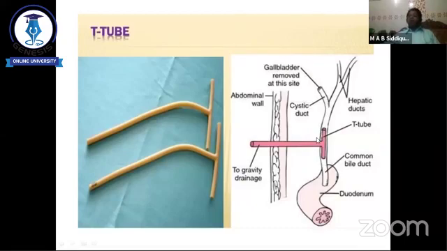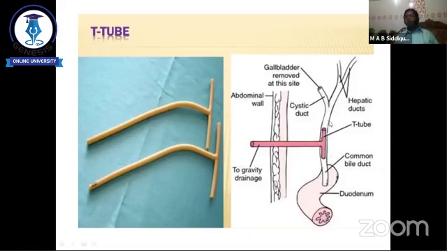Actually, it is better to use a choledochoscope to see the CBD. The scope enters through the cystic duct and visualizes the CBD to check whether there is any stone or not.